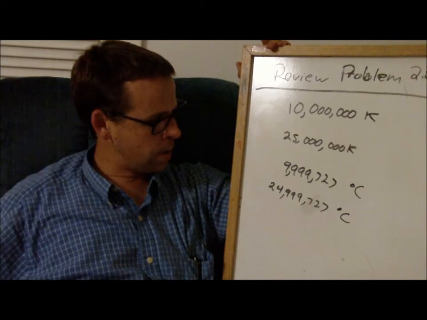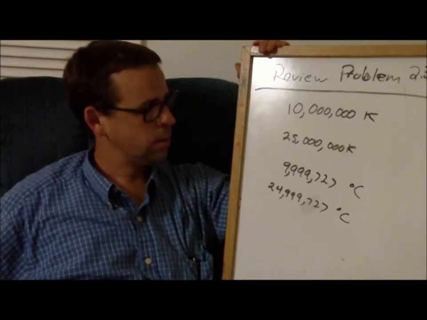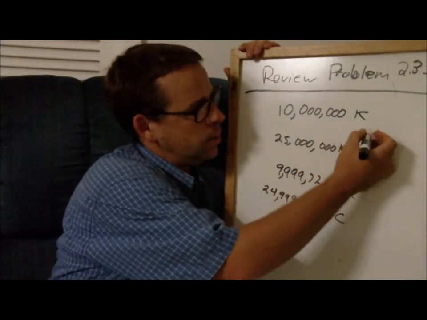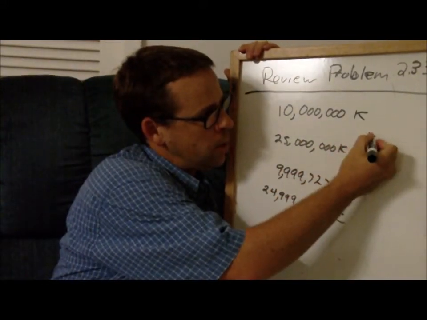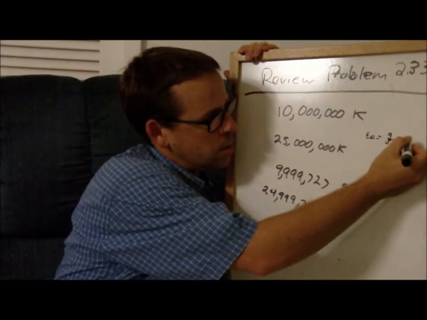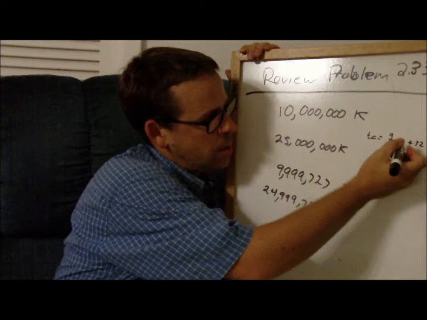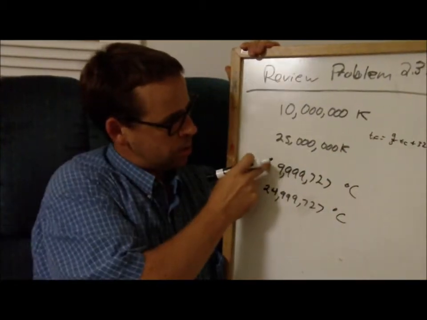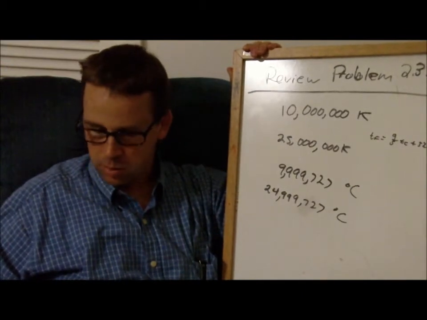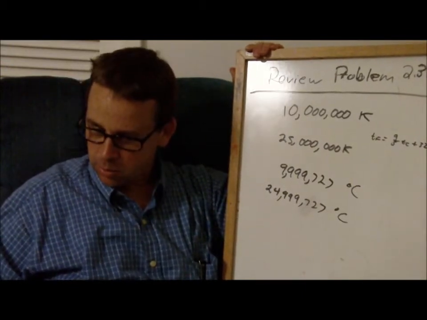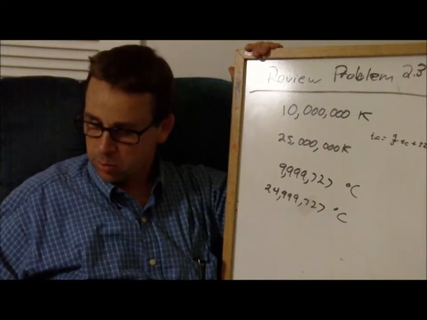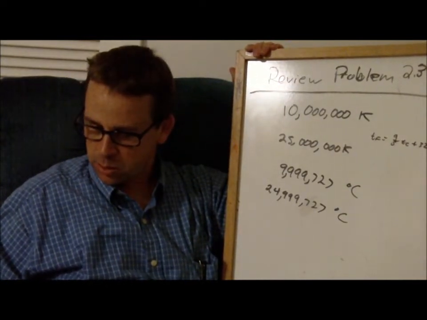And the range in Fahrenheit. Again, our equation, temperature in Fahrenheit is 9/5 temperature in degrees Celsius plus 32. So whatever the temperature in degrees Celsius is, times 9 divided by 5, and then we add 32.